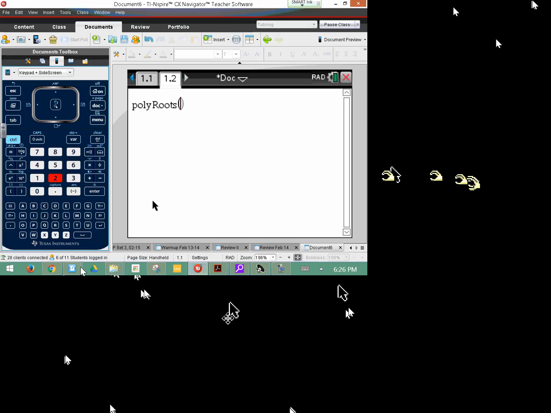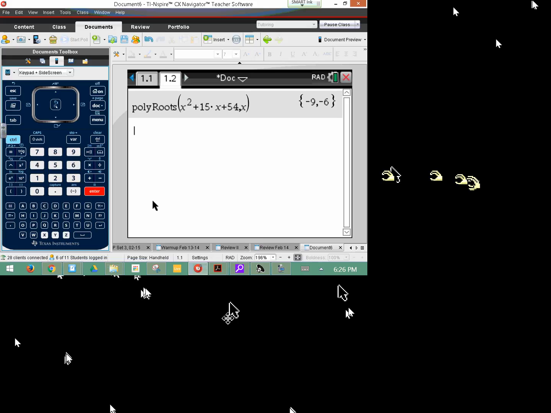Since it's a root, we already know that this equation is assumed to be equal to 0. So all I have to put is x squared plus 15x plus 54. Because I'm looking for a root, the calculator automatically knows this is supposed to be set equal to 0. So all I'm going to do is put a comma, tell the calculator to look for x, and there it tells me what my two solutions are.